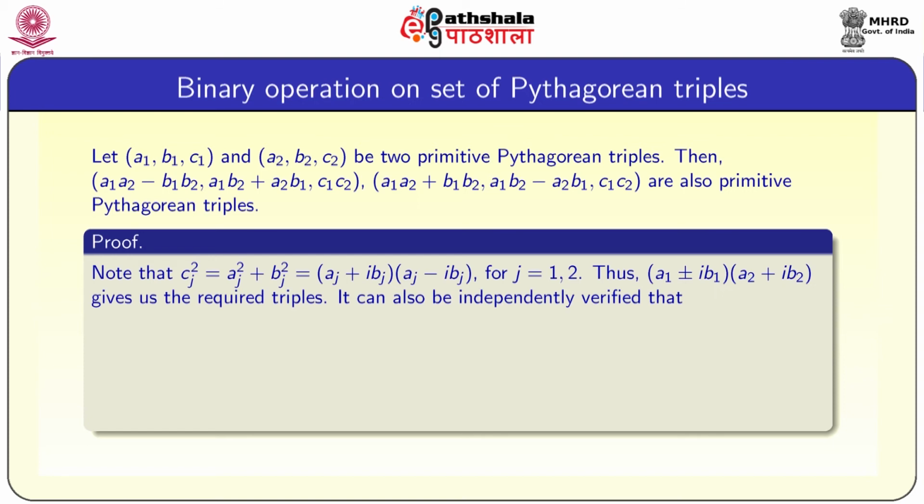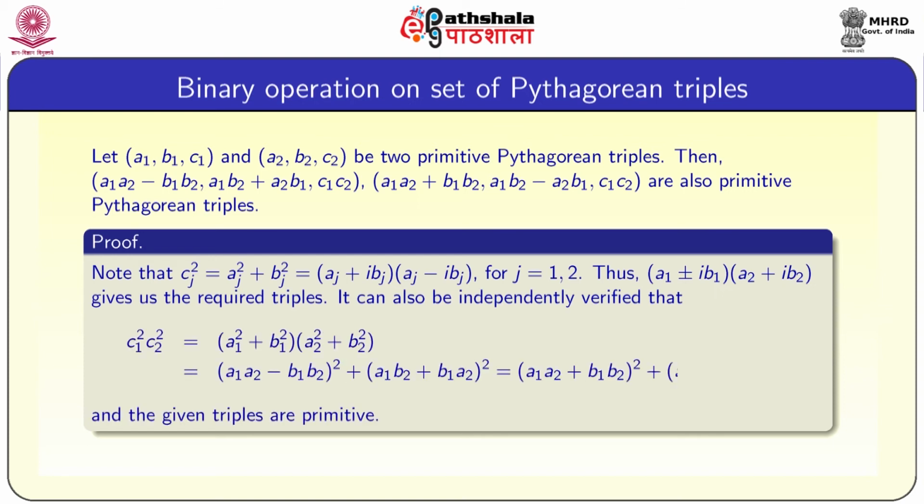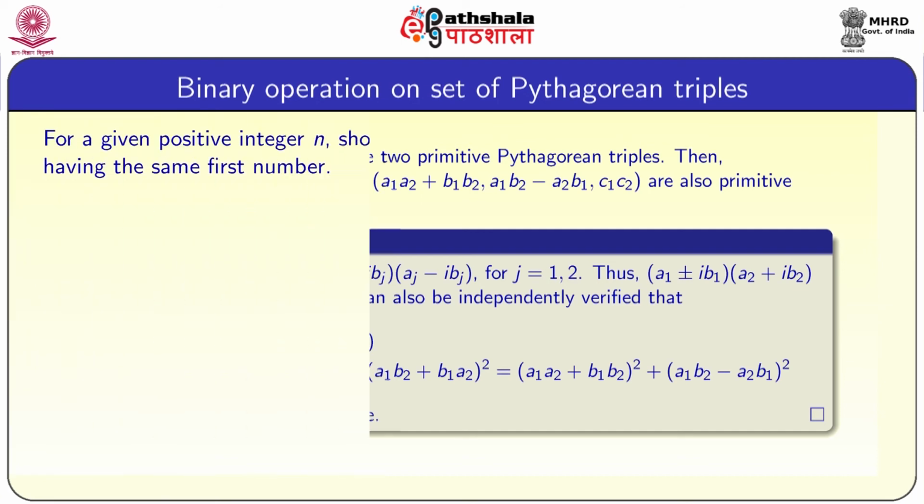It can also be independently verified that C1 square into C2 square is equal to A1 square plus B1 square into A2 square plus B2 square, which is equal to A1 A2 minus B1 B2 whole square plus A1 B2 plus B1 A2 whole square, which is also written as A1 A2 plus B1 B2 whole square plus A1 B2 minus A2 B1 whole square, and that the given triples are primitive is easy to see.